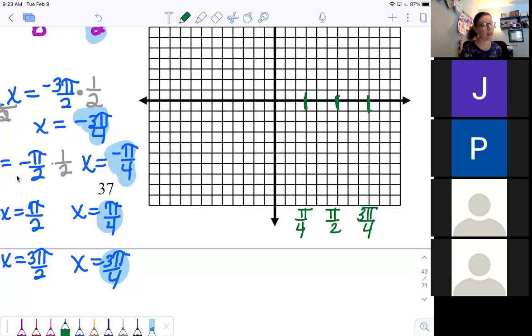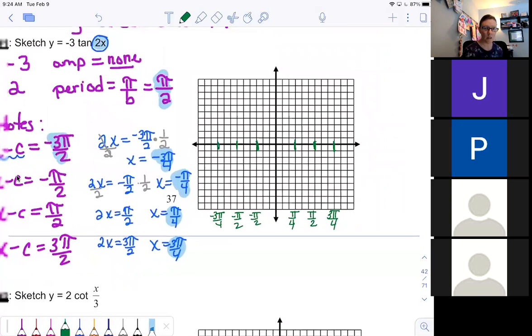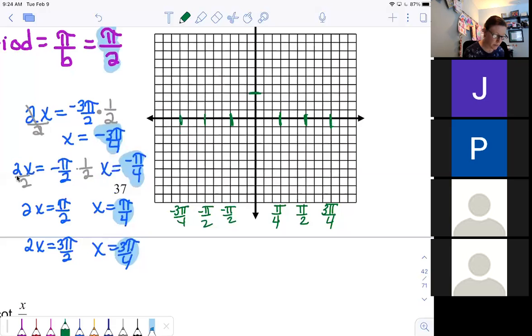You don't have to go beyond your asymptotes. On the other side, I have negative pi over 4, negative 2 pi over 4, which is negative pi over 2, and then negative 3 pi over 4. We do have an A value of negative 3, so I'm just going to count up 3 blocks and call that 1, because that number still does affect our graph.